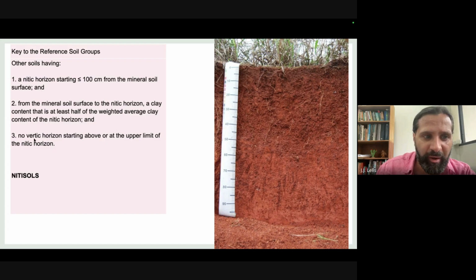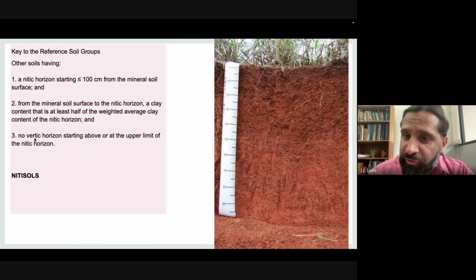Why are we excluding the possibility of the vertic horizon here? Because we are talking about a horizon that has a lot of clay that suffers shrinking and swelling, and because of this you produce some clay coatings, some clay surfaces, some shiny surfaces. And we are excluding the vertic horizon because this soil cannot register slickensides or wedge-shaped structures.